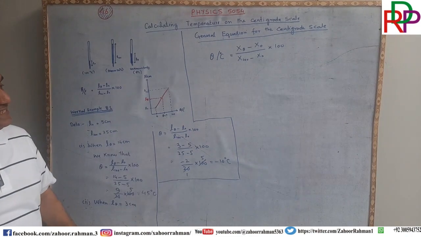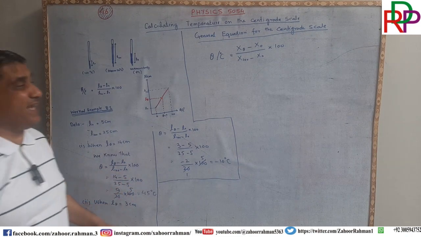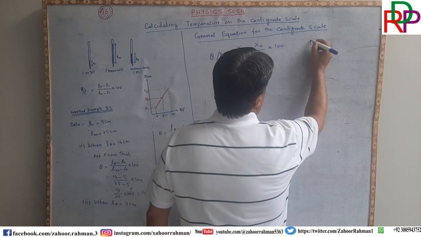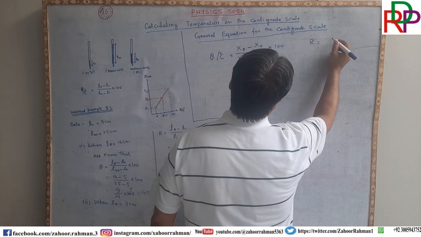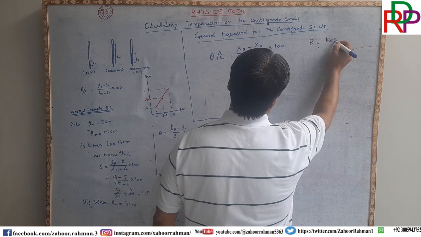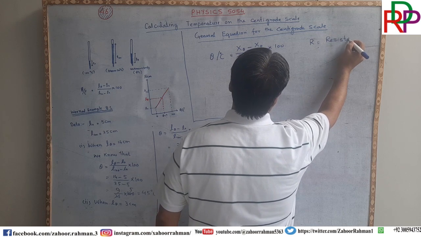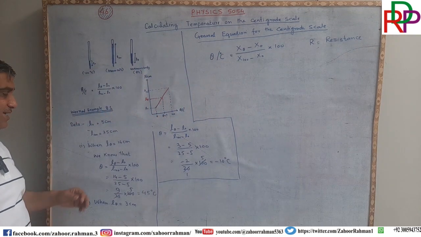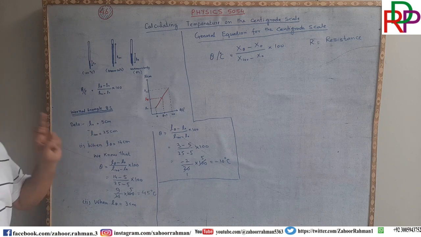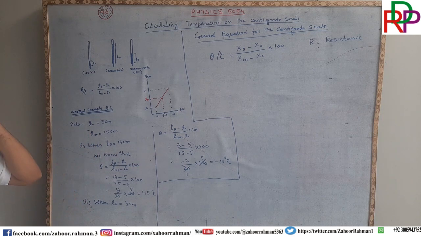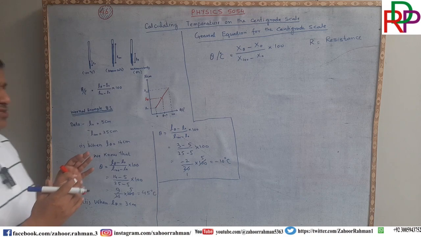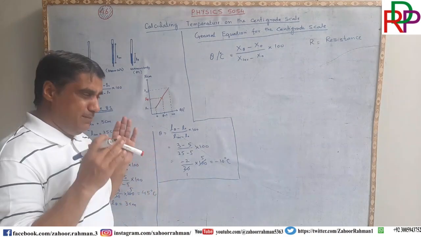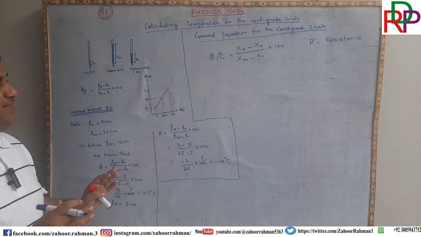Examples of X include R, capital R, when we are dealing with the resistance thermometer. Instead of measuring the length, we have to measure the resistance of a wire at 0 degrees Celsius, at 0 point or ice point.